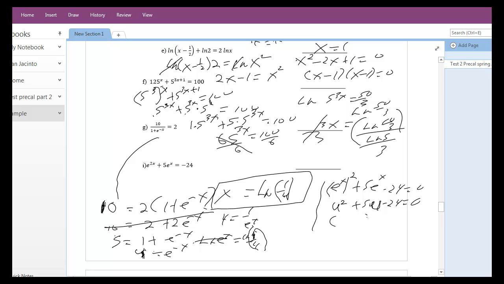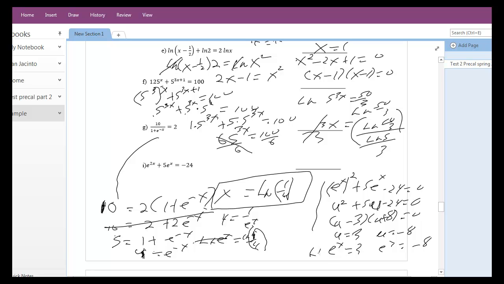I know I can factor that. I see an 8 and a 3, so my u equals 3, my u equals minus 8. Go back to what? e to the x equals 3, e to the x equals minus 8.